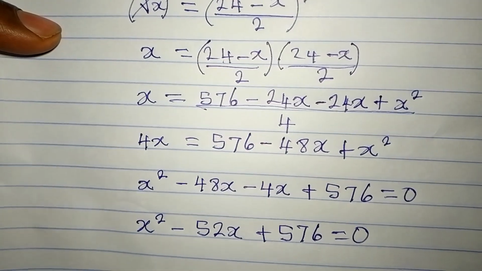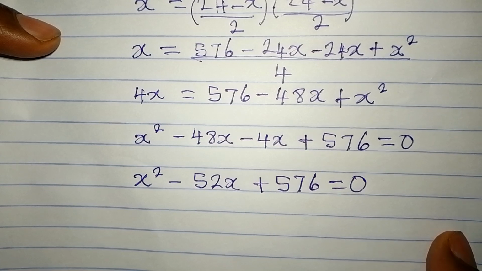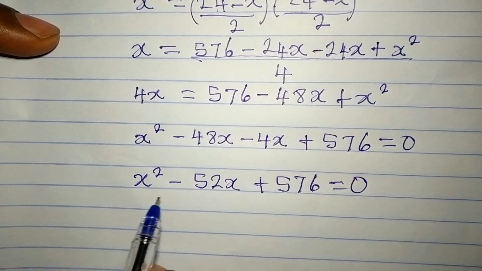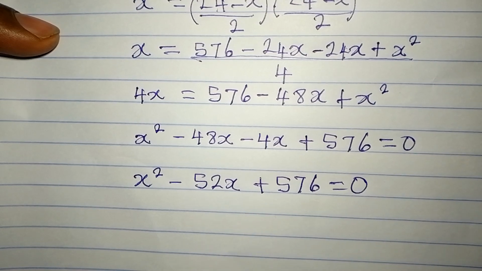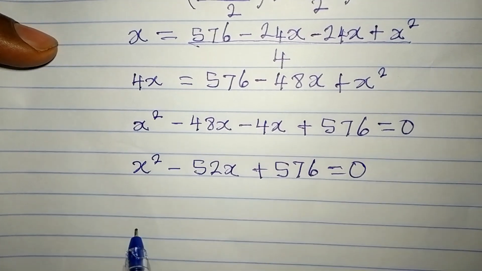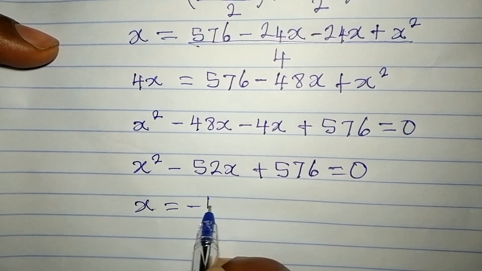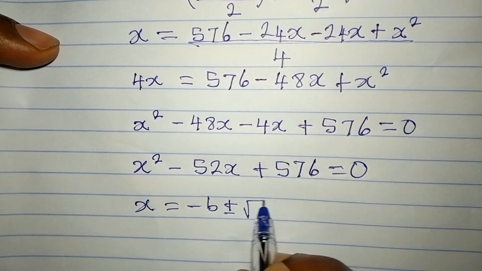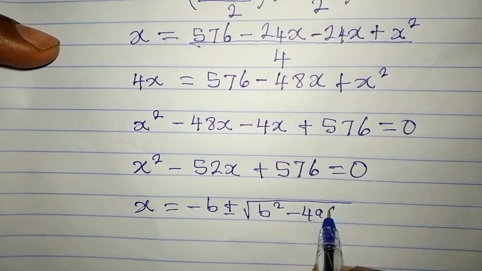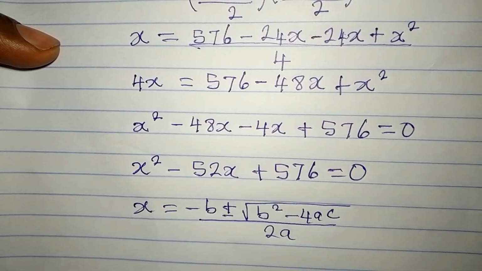By looking at this, you'll be thinking, what numbers do you use if you want to factorize? It's going to be cumbersome, a little bit difficult. Use the formula method. For the formula, x is equal to minus b plus or minus the square root of b squared minus 4ac, then everything here is over 2 multiplied by a.